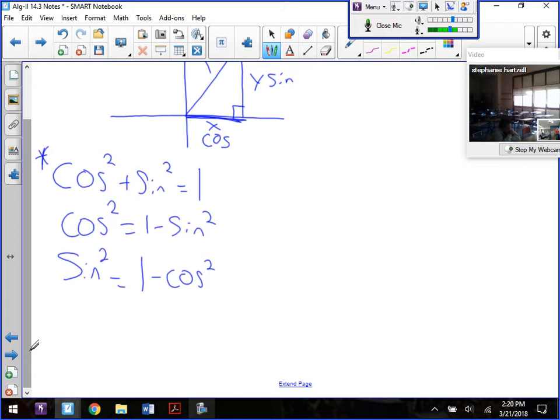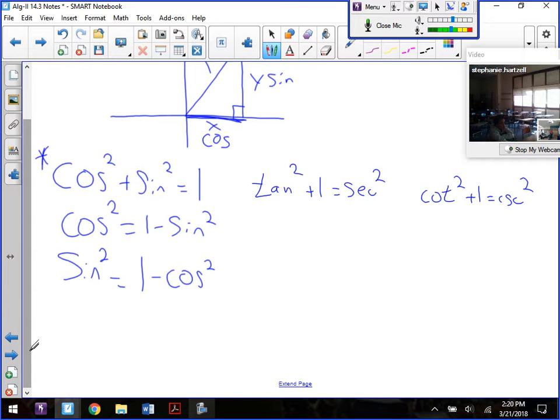We have one that says tangent squared plus 1 is secant squared, and cotangent squared plus 1 is cosecant squared. And those, they're not terrible.